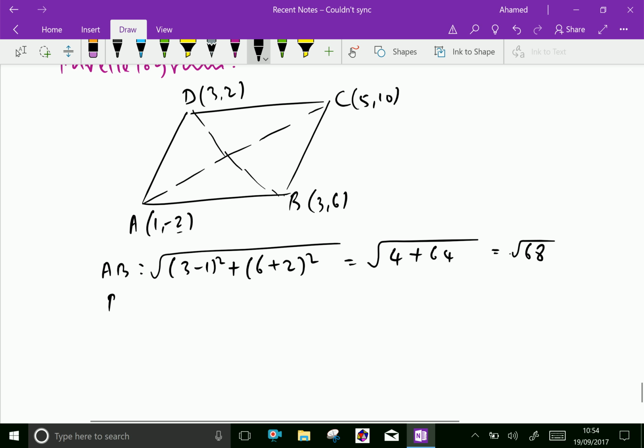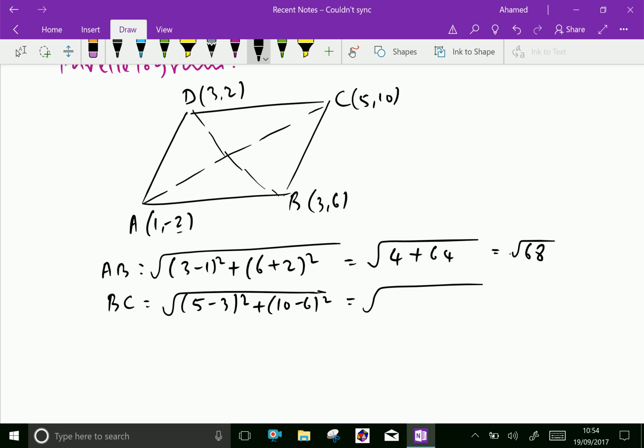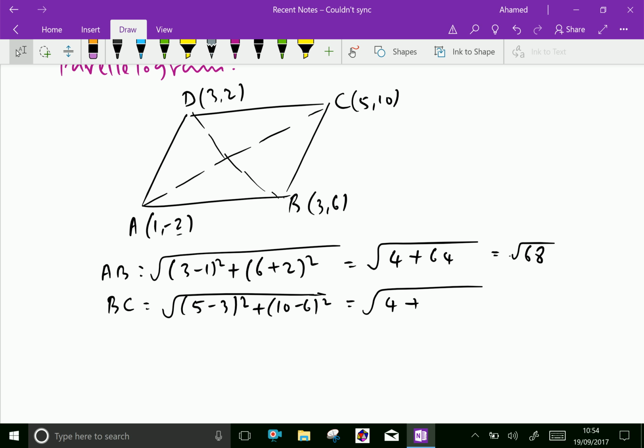Then BC equals square root of (5 minus 3) whole square plus (10 minus 6) whole square. 5 minus 3 is 2, 2 square is 4, plus 10 minus 6 is 4, 4 square is 16, which gives root of 20.